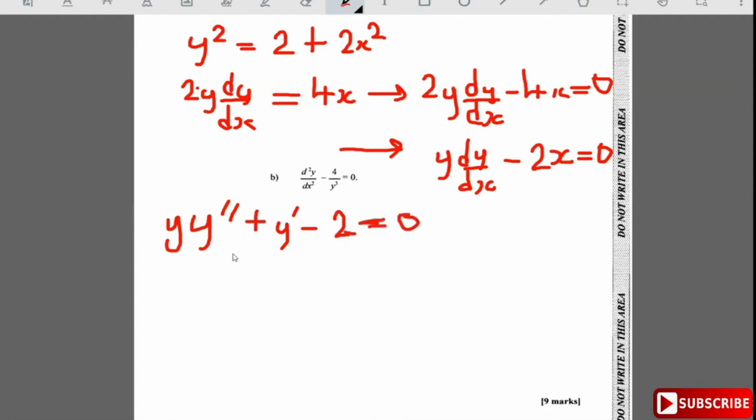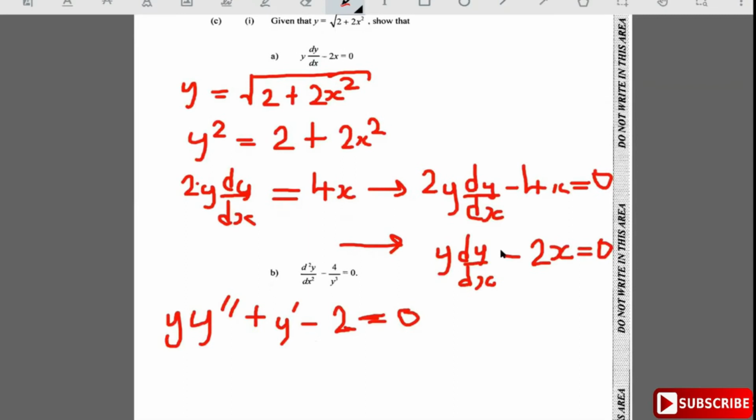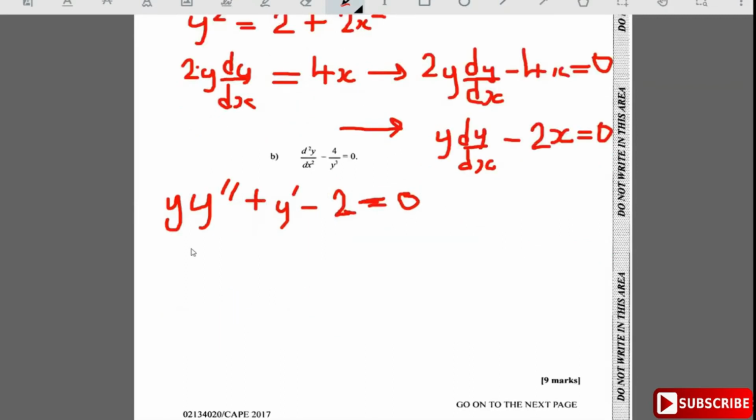Now all I'm going to do is substitute what is y and y prime. What is y? Y is the square root of 2 plus 2x squared. I'm going to put that in.